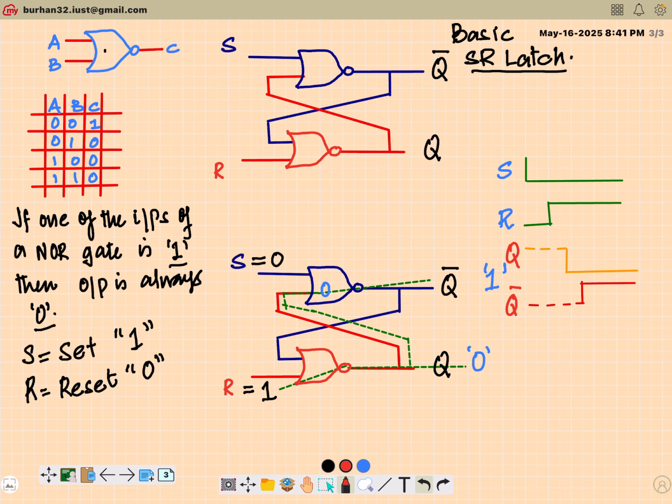Fine. And later on, if we continue this process, the Q bar output turns 1. So this will again be fed back, which means the second input of the NOR gate will be 1. Fine. So this is what happens when S is equivalent to 0 and R is equivalent to 1.